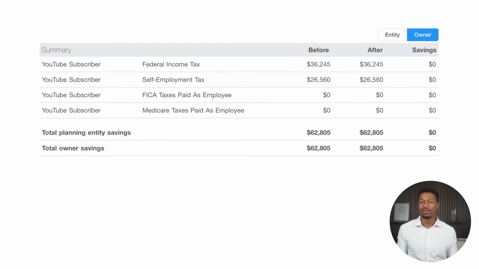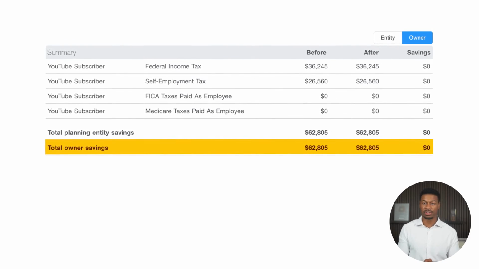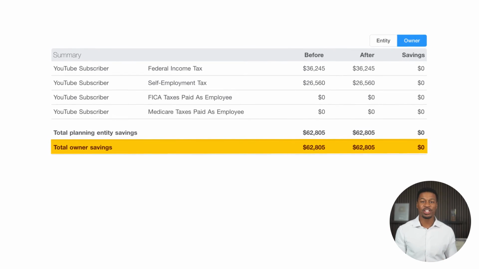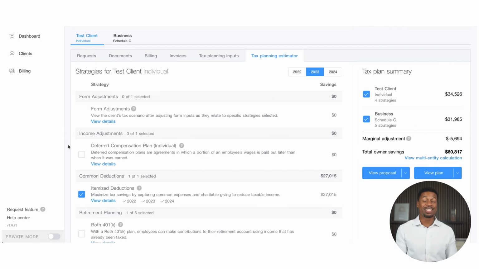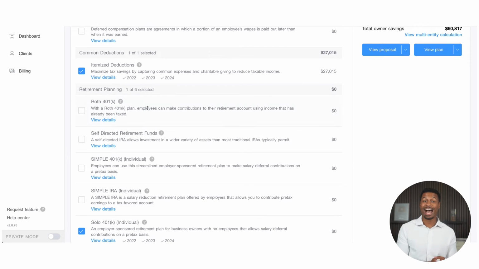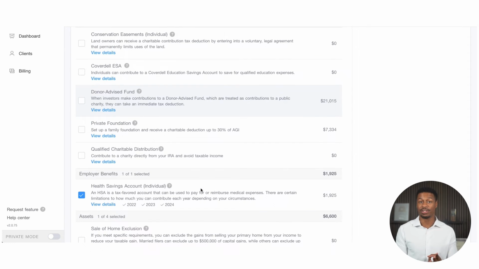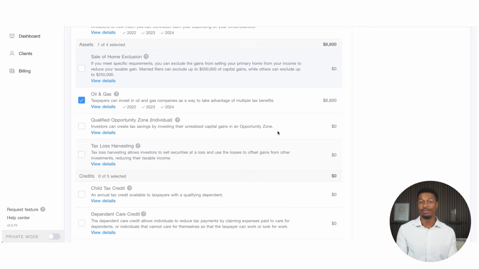As an example here, let's just say you are expected to owe about $62,000 in taxes. Then you can start planning to reduce this amount by as much as possible with the second phase, arrangement. For example, as an individual, you can look at taking the itemized deduction versus the standard deduction, the best retirement plan for you to reduce your taxes, the best vehicles to use to donate to charity, the best ways to write off your medical and health expenses, or making tax-deductible investments.